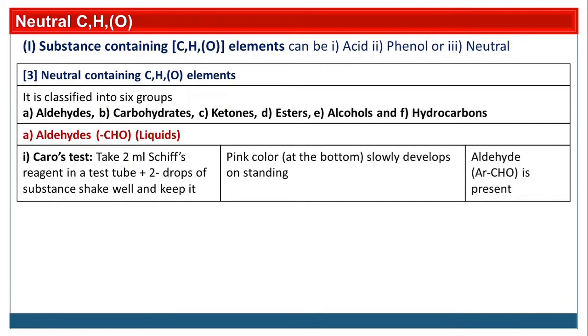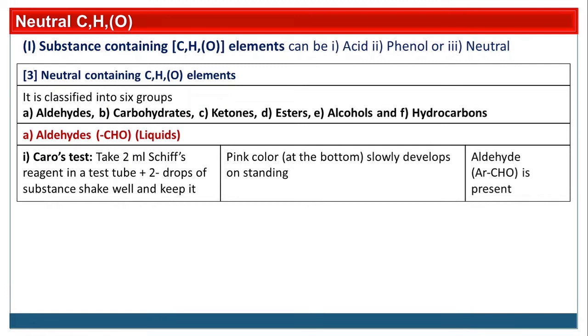This is the bigger table for analysis because it contains so many functional groups like aldehydes, carbohydrates, ketones, esters, alcohols, hydrocarbons, etc. Now you need not perform all these functional group detection tests. See what is the physical state of your compound. If that compound is solid, then go for the tests for solids only. If that compound is liquid, then go for the functional group detection for liquids only.